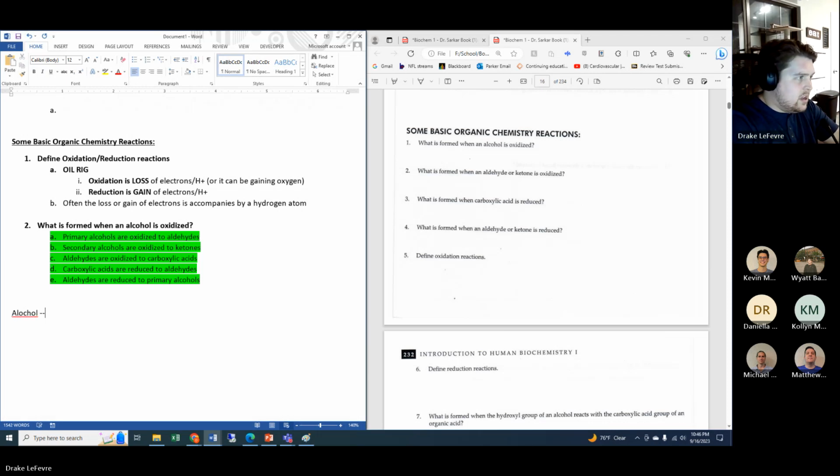Alcohol goes to aldehyde, goes to carboxylic acid. This is all oxidation. And then reduction is going to literally be the opposite: carboxylic acid goes to aldehyde, goes to alcohol.